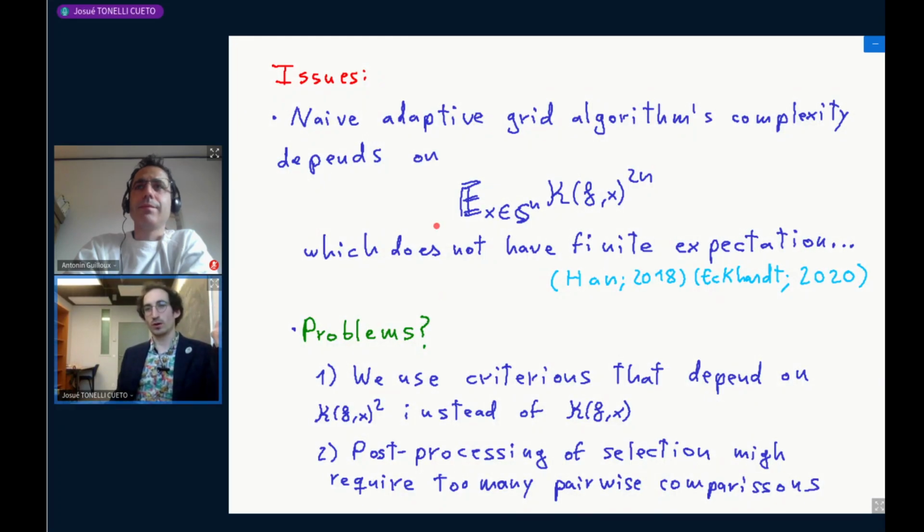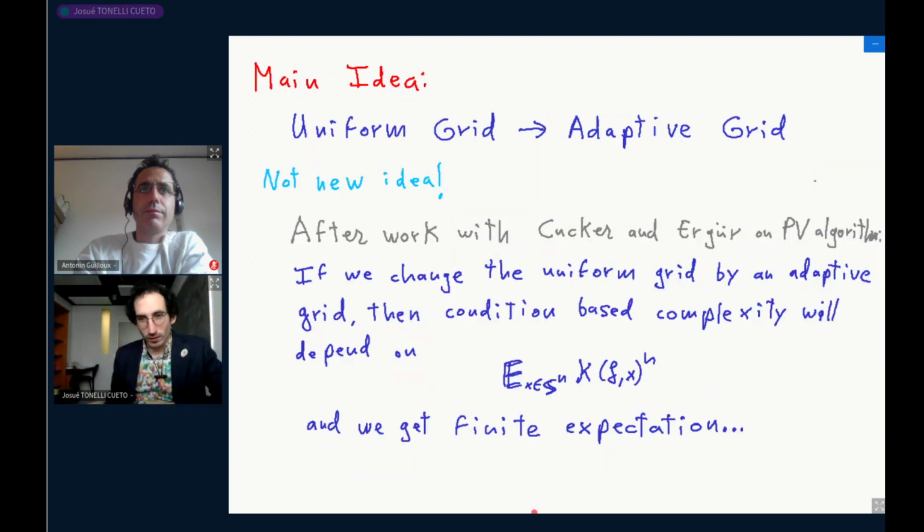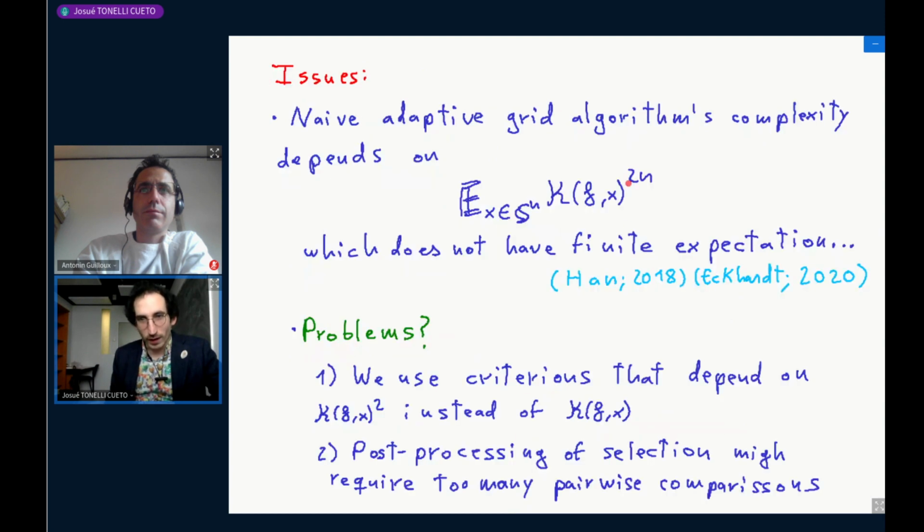If you take the uniform grid algorithm and try to make it adaptive in the most naive way, using only the results from the uniform grid algorithm, you will get an adaptive grid algorithm, but its complexity will depend not on the n-th power but on the 2n-th power.